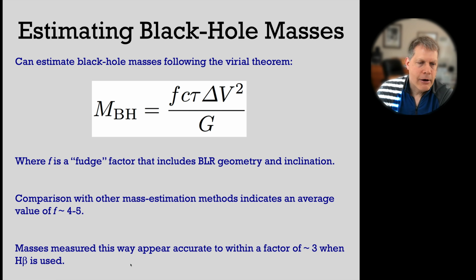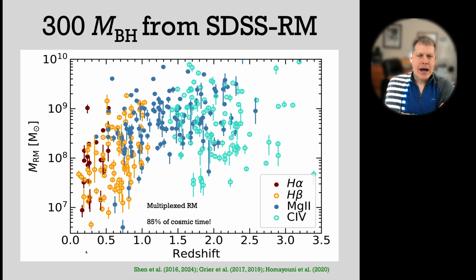Now, people then have used these approaches to measure the masses for large numbers of black holes. Here is a nice plot showing some of the results recently from the Sloan Digital Sky Survey Reverberation Mapping Project, where people have multiplexed reverberation mapping, reverberation mapping hundreds of objects all simultaneously using a wide field spectrograph that can cover many objects up on the sky with multiple fibers, okay?